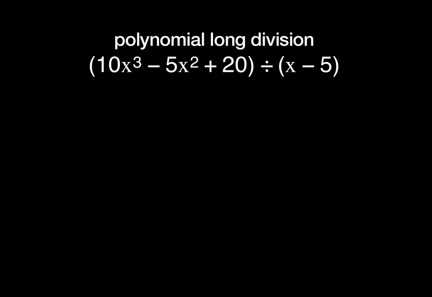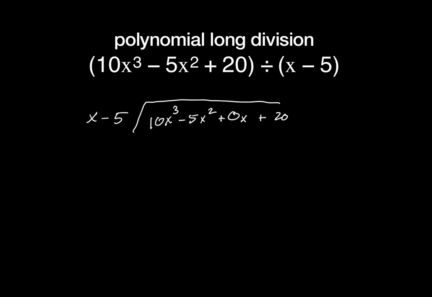So when I go to do long division, I need to make sure I write down all the parts. 10x cubed minus 5x squared plus 0x plus 20. I'm going to divide it by x minus 5.